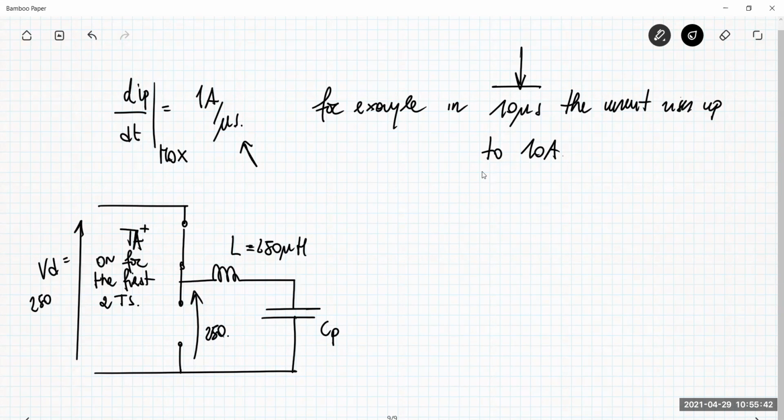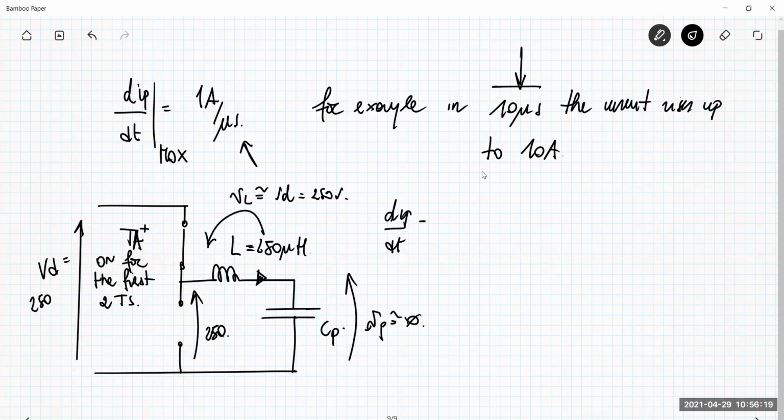If I choose this inductance, and the voltage VP at the beginning is almost 0, because it's not yet charged, then the current that flows here has exactly a ramp of 1 amp per microsecond.